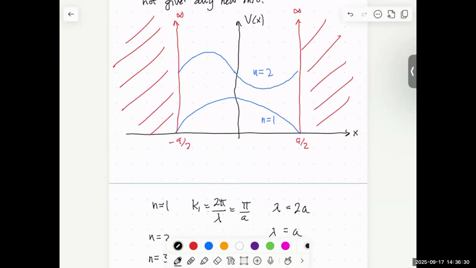Or if you'd like, we add a 0 in the wave function. I'm offsetting these vertically just so that I don't have to draw them on top of each other. So it's going to be something like that. This is the n equals 3 case. And then you can keep going.